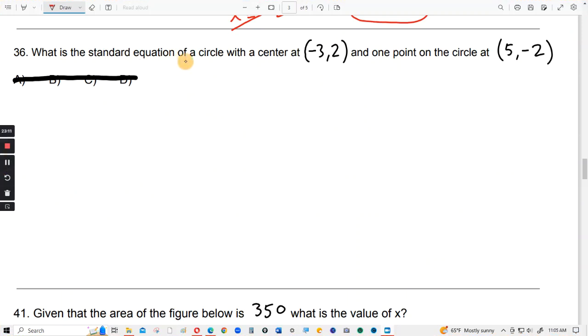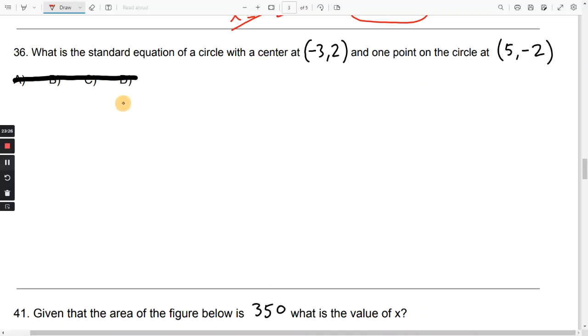What is the standard equation of a circle with center at negative 3, 2, and 1 point on the circle, 5, negative 2? Alright, so basically, we need the radius. So we might as well start with our circle equation. That's going to be x minus h squared plus y minus k squared equals r squared.